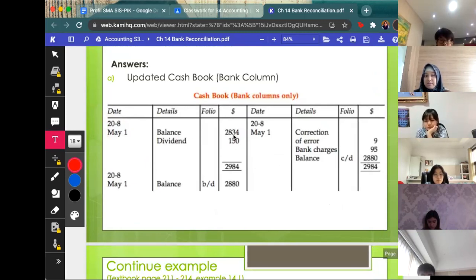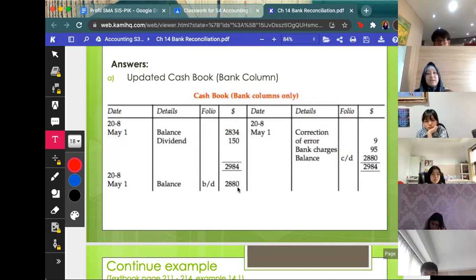We start with the balance still on May 1st. We put the dividend, we put the bank charges, and do not forget to make corrections to the error. After that, calculate balance c/d and then carry it down to the next accounting period. Now we have the balance of 2880. Yeah, clear enough?